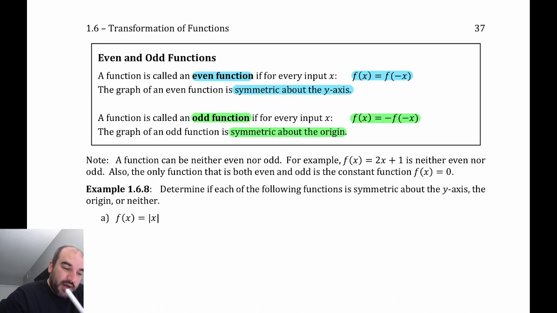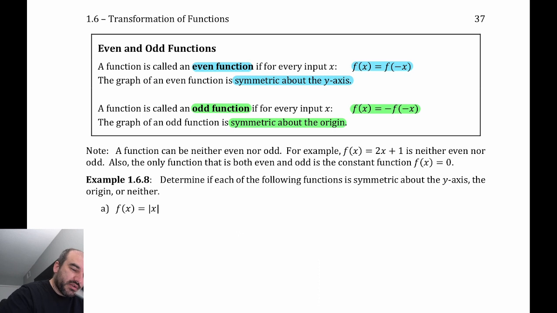So in practice, how this works is we're going to test. Let me rewrite a different version of this one that is more useful, I think. For odd functions, we like to say that negative f of x is the same thing as f of negative x.